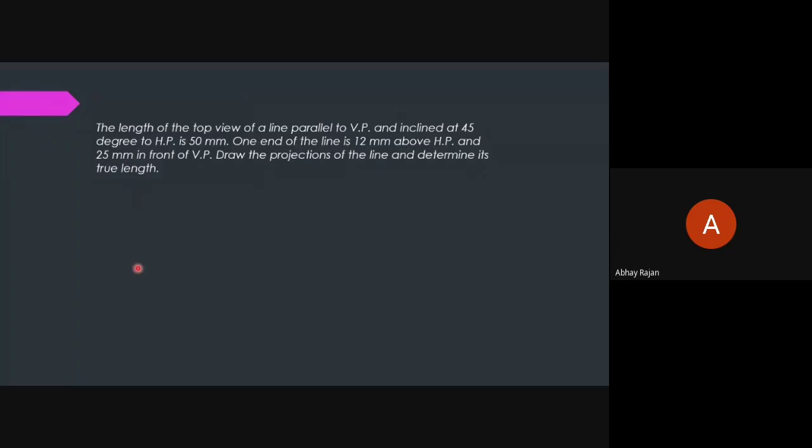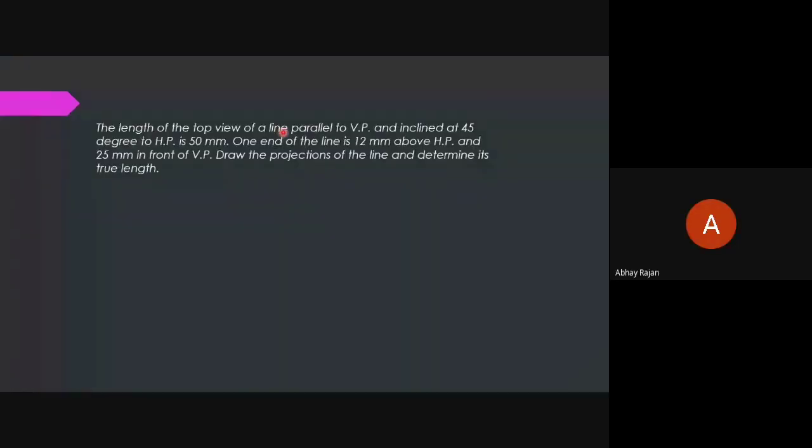You can start at the point and draw a line of 50 mm because the top view is given as 50 mm. And that is parallel to VP, meaning it will be parallel to the XY line. From there, if you produce the projector lines upwards, this line will coincide with the 45 degree inclined line somewhere. So you will get the true length also. Okay. Clear? Clear answer.